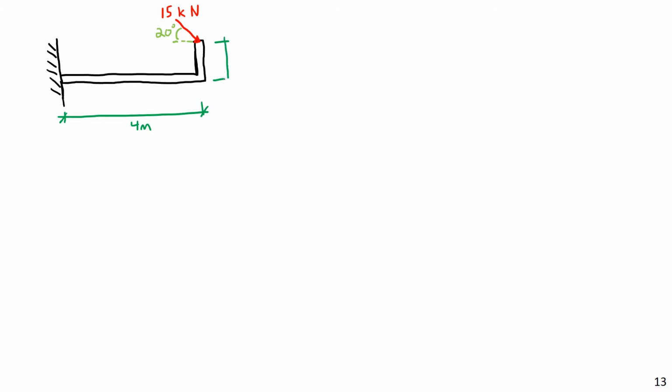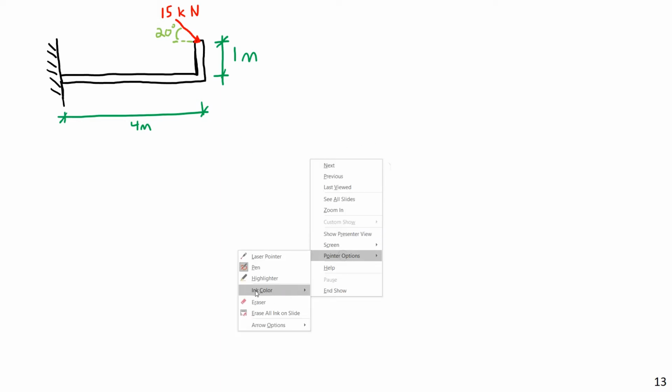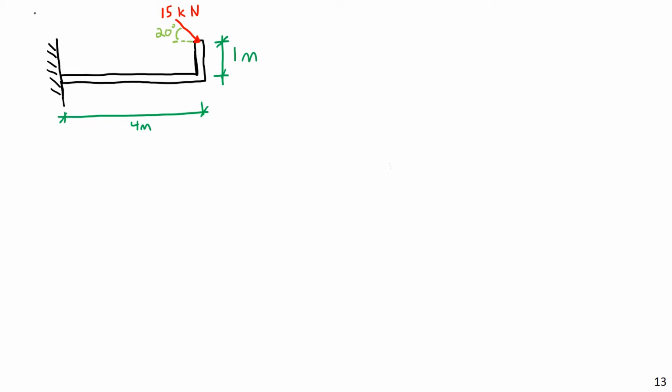And these are all centerline dimensions. Again, I'm neglecting the thickness of the beam. When you're doing real engineering, you can't do that, but this is statics, so we can reduce things to a simpler state. And 1 meter. So we have 4 meters in the horizontal and 1 meter in the vertical. And I'm going to ask us to do the same thing. So all this is given.